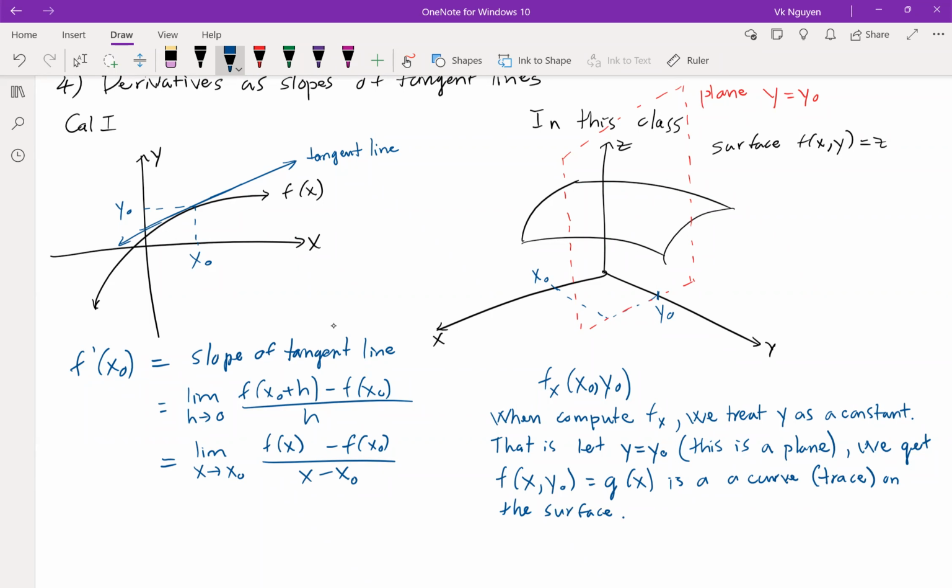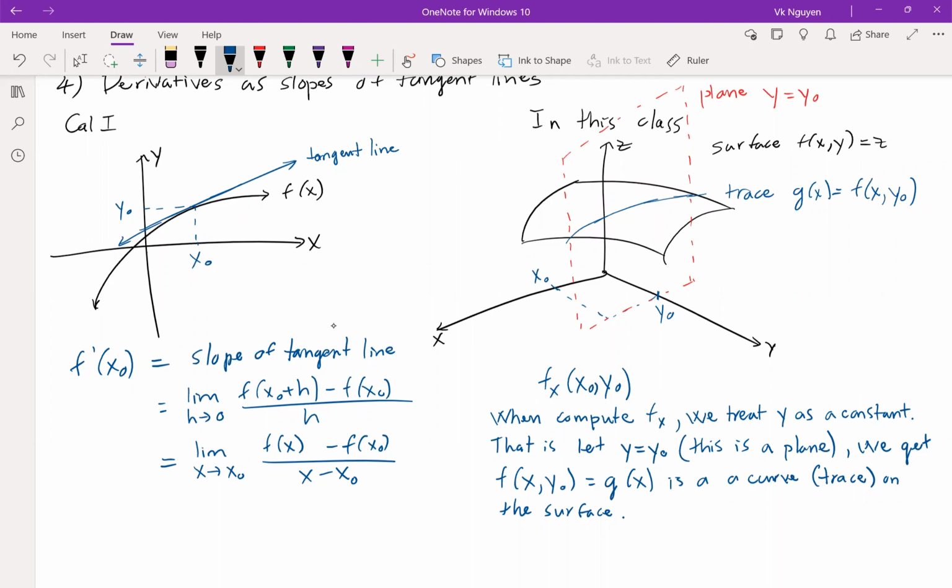Okay, let's do this trace right here. It's the trace g(x) equals f(x, y sub 0).